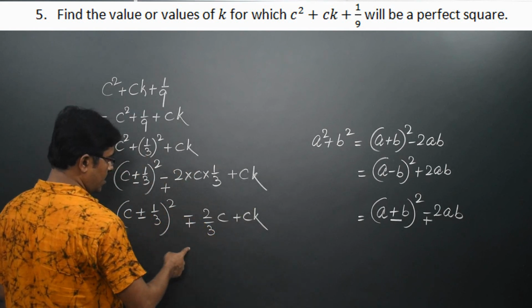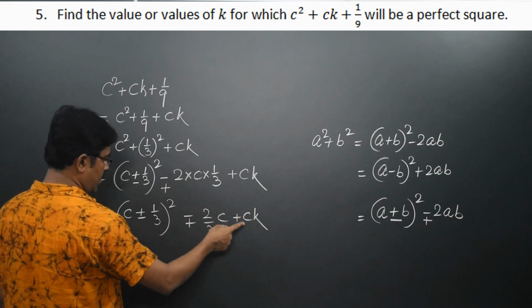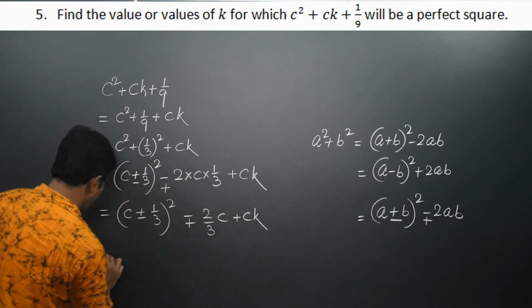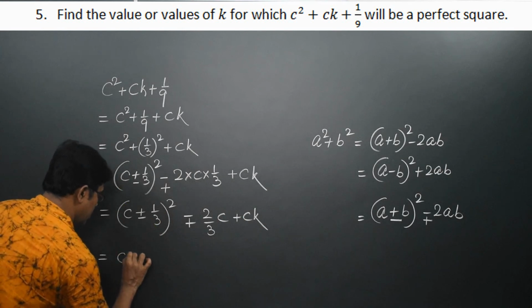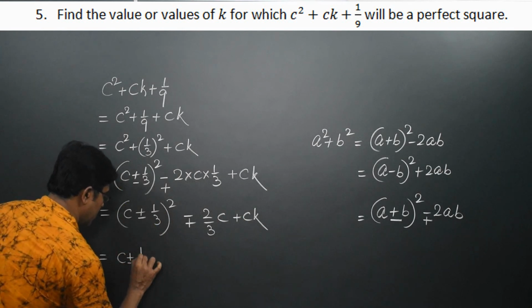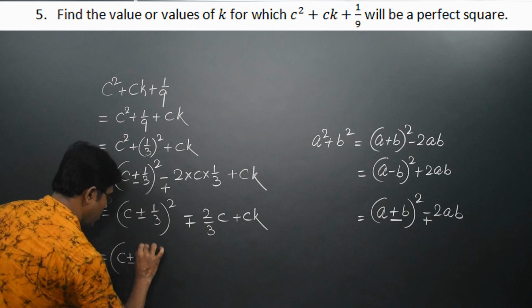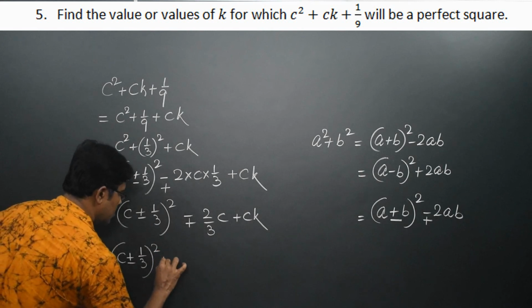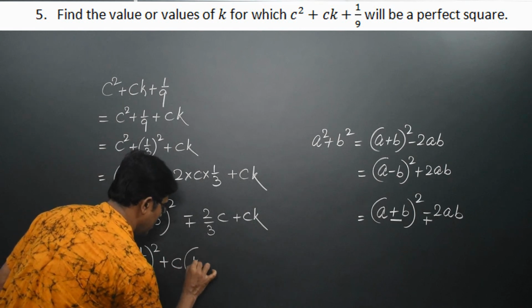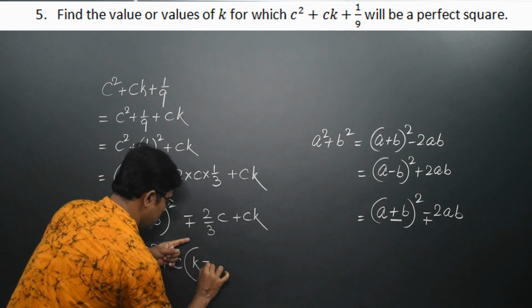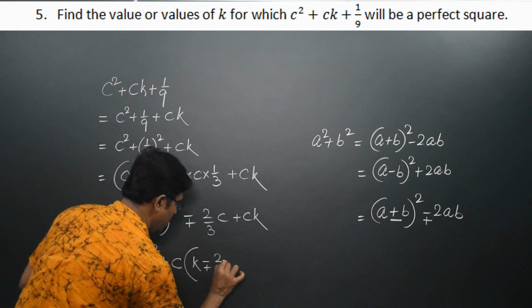Now look at this part. c is present in both terms. So this can be rewritten as c plus minus 1 by 3 whole square plus c into k minus plus 2 by 3.